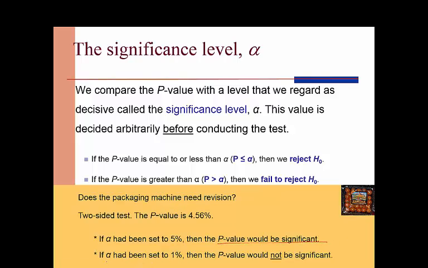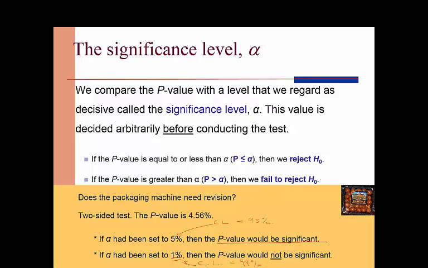But if you had put alpha at 1%, which means the confidence level is 99%, and here the confidence level was 95%, well, then the p-value would have been greater than alpha, and you would have failed to reject the null hypothesis.